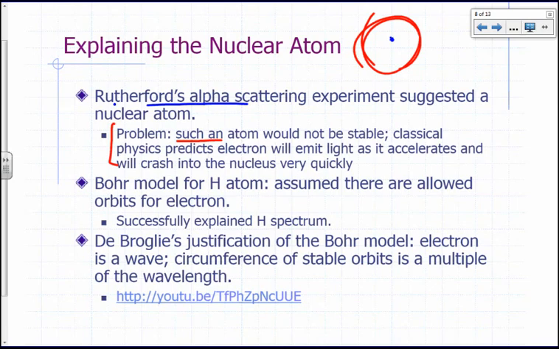And a charged particle that's accelerating will emit light. So as an electron accelerates around your nucleus, it's going to be producing light. So if it's producing light, it's losing energy. So if it's losing energy, what will happen to it? Eventually, it will crash into the nucleus. In fact, classical predictions say it will crash into the nucleus so quickly that the atom as we know it could not possibly exist.